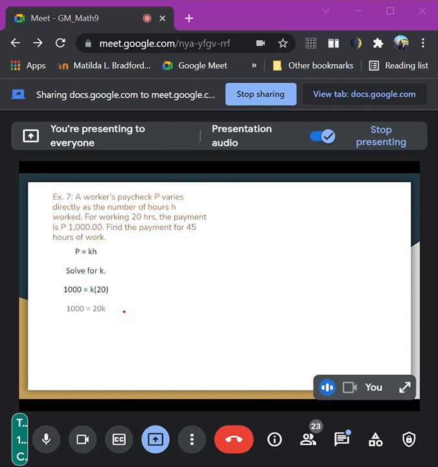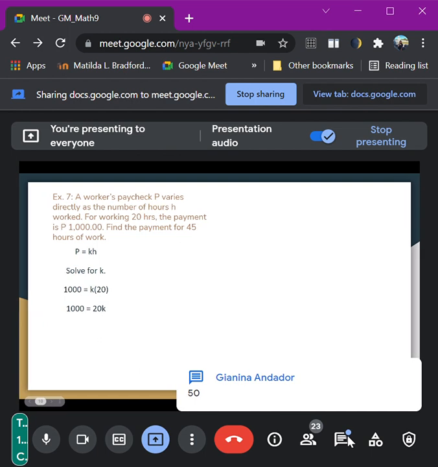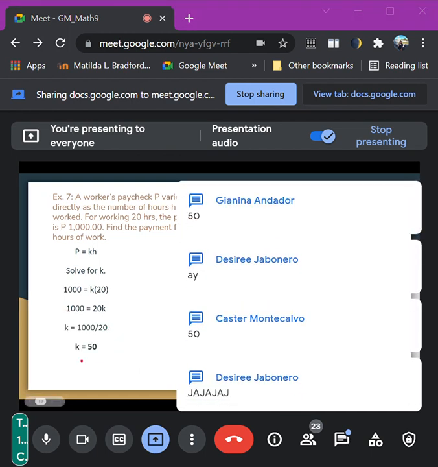So, you have there 20K. So, divide both sides by 20, 1,000 divided by 20, what's the answer? Okay, that is 50. Very good. So you have there your K is 50.